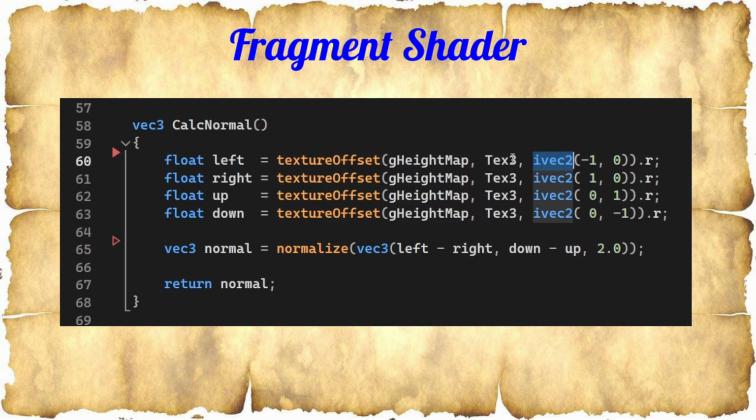This offset will be applied to the texture coordinates after they have been converted to texture locations, and the height will be sampled from the new location. Using a combination of 0, 1 or -1, we can easily move to the left, right, top or bottom of the current pixel.